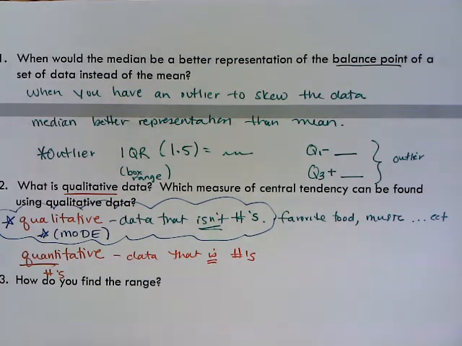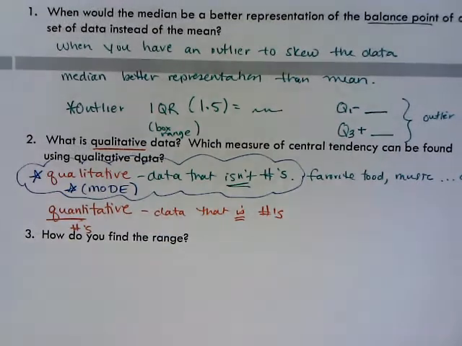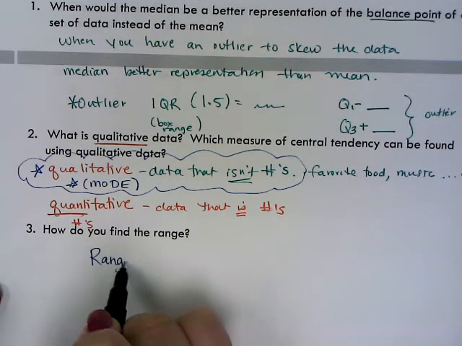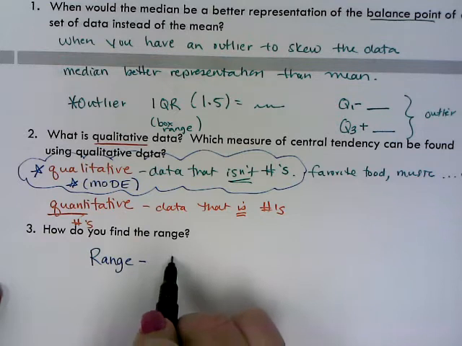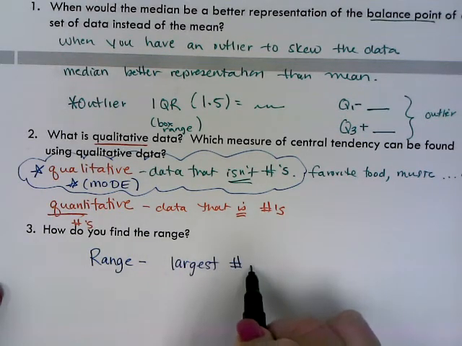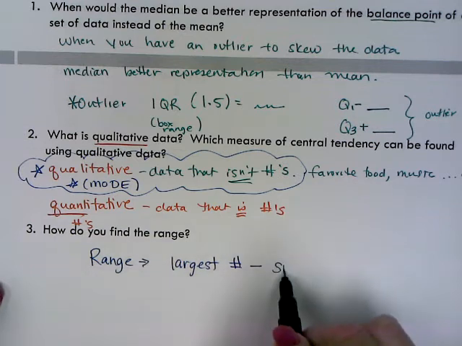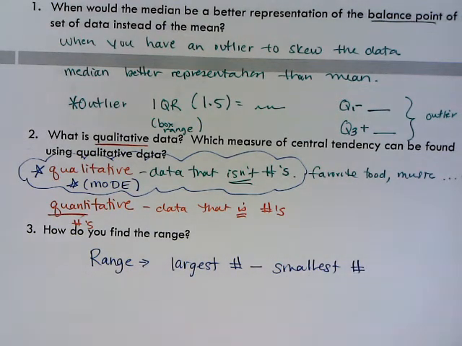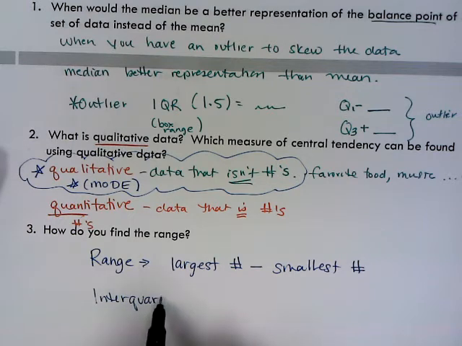Okay, number 3. How do I find the range? The range of my data is my largest number subtracting my smallest number in the data set. Some of you confuse that with interquartile range on your take-home quiz.